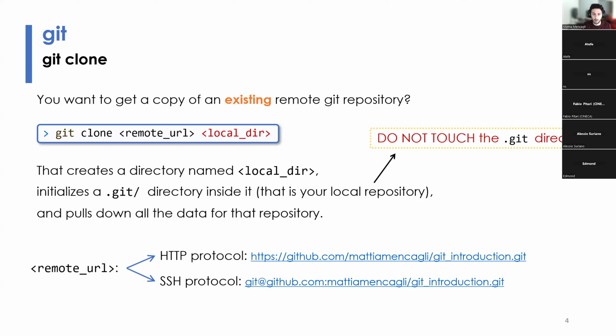Regarding the remote URL, you can choose to use the HTTP protocol or the SSH protocol. The HTTP protocol will be used, for example, if you want to download the slides for this course, the repository with the slides of this course. Since you don't have the right access to that repository, since it's just mine, you will just want to download what is inside.